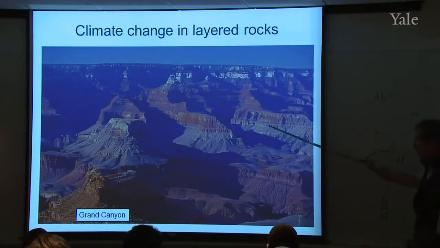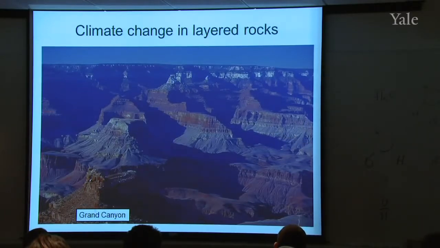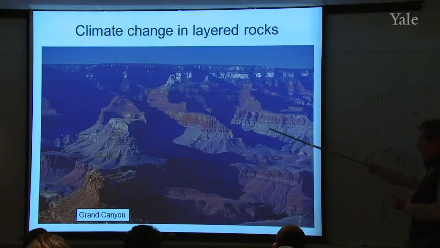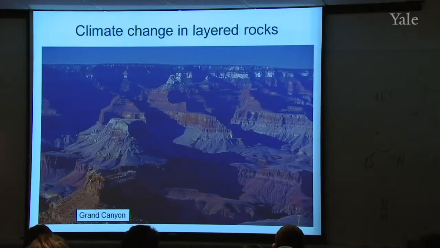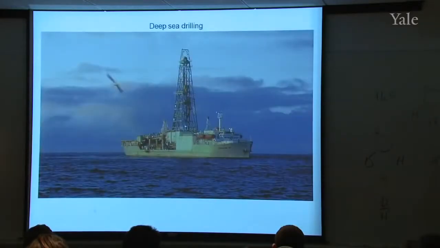But again, they're rather difficult to sort out because we don't always know the environment in which those sediments were laid down. So we're going to do something similar to this, but in the ocean, where the ocean sediments have had a rather constant sedimentation rate. And therefore, we can do a little easier job of interpreting if we can get a sample of that.